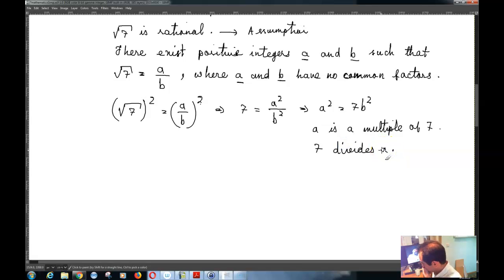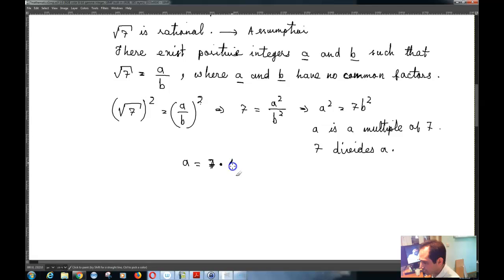When you say a is a multiple of 7, it means that a is equal to 7 times something.